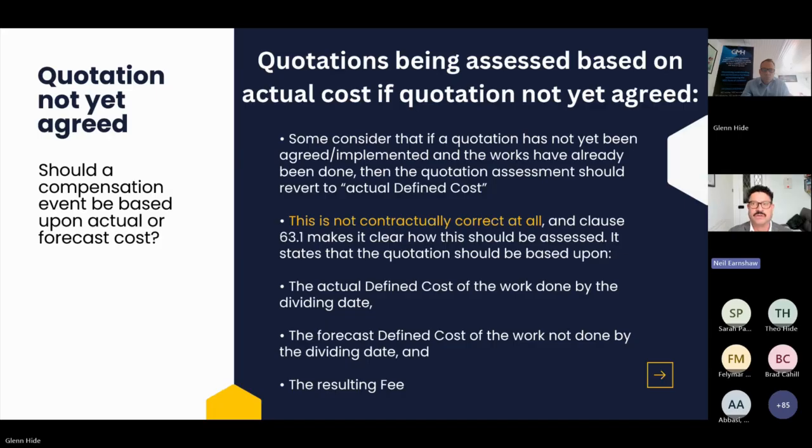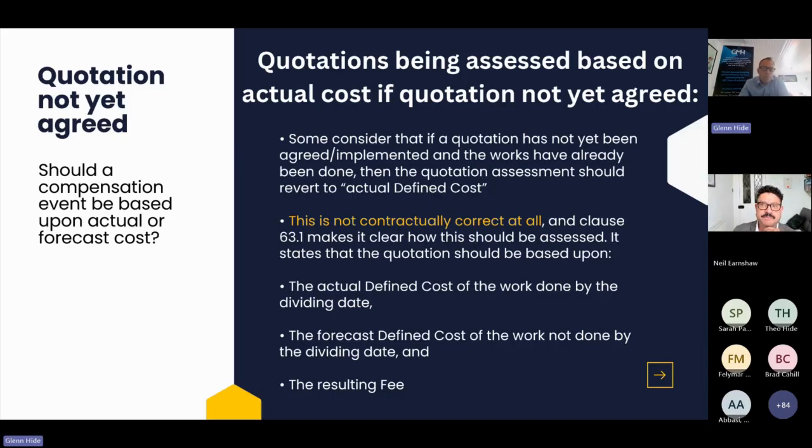Whereas for all of the other compensation events in the contract, so things like project manager or client or other breaches of contract, things like bad weather, ground conditions, etc., the dividing date is the date of notification of the compensation event, which could be up to 8 weeks after the contractor was aware of the event. Okay, so it's important that we stick to those rules because that is exactly what the contract says. Do you see problems with that, Glenn?